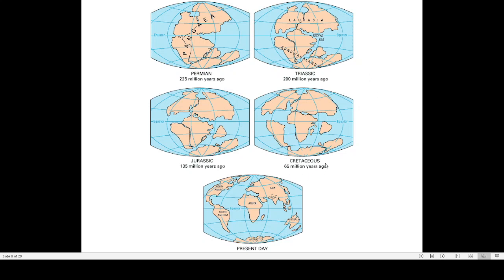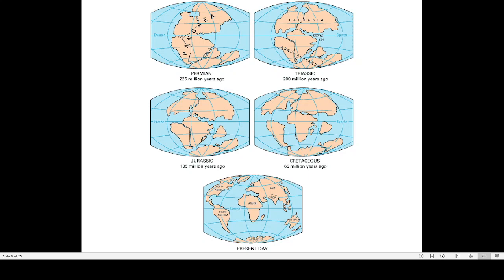Now, around 65 million years ago, India was still an island, and dinosaurs were existing during that period. Then, after 65 million years ago, you can see that this movement was still going in the northward direction, and India finally moved northward and hit the Eurasian plate.